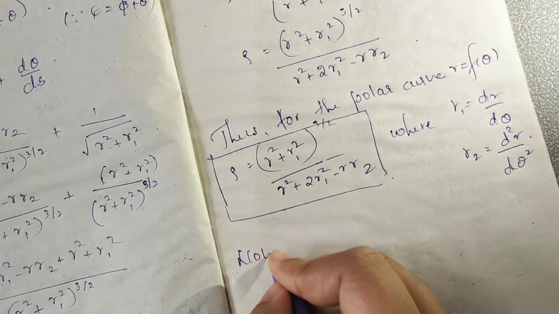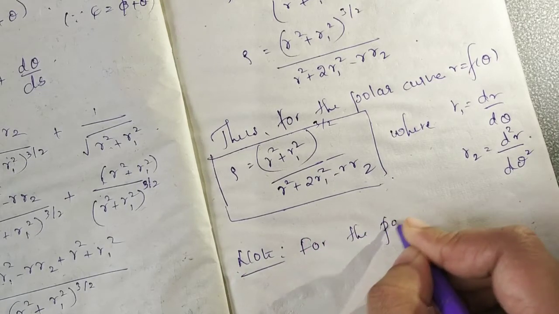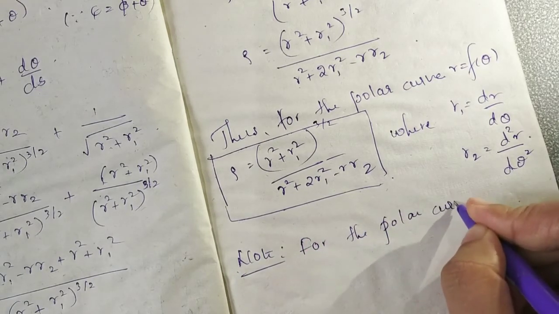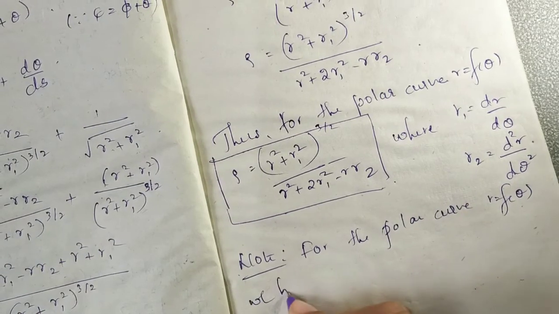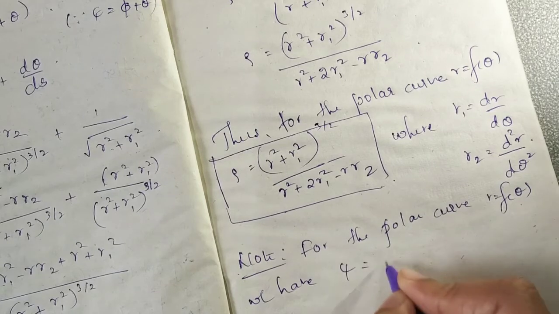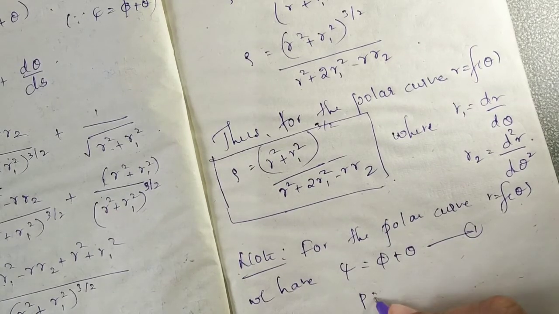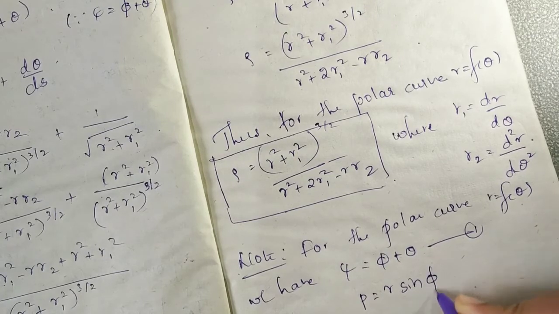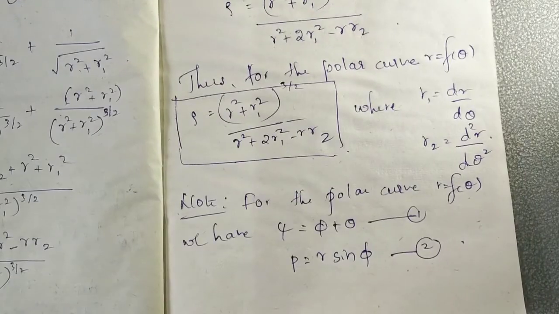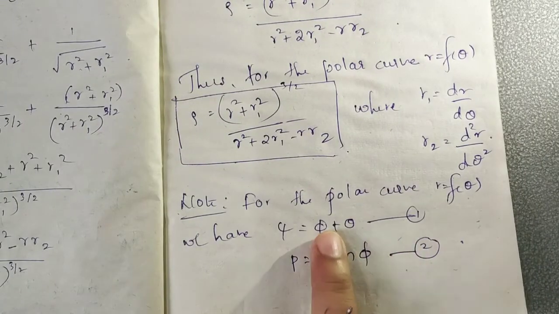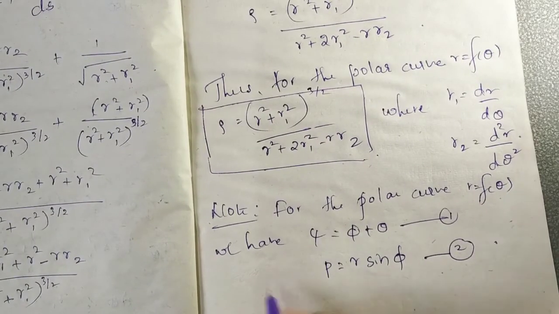Take one note. For the polar curve r = f(θ), we have ψ = φ + θ and p = r sin φ, where p, I think you know, is the pedal form.